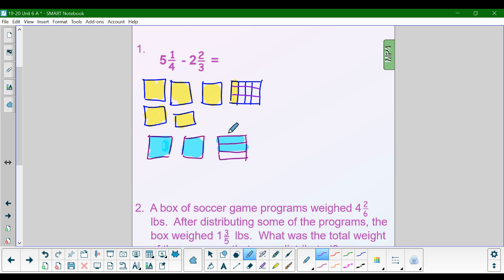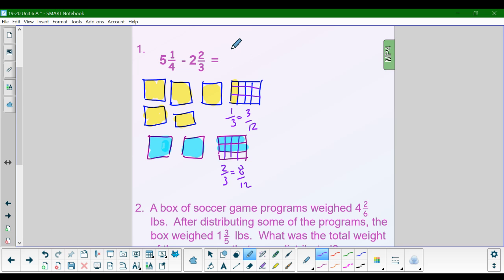And then my fourths here will have to become twelfths here. So when we look, we went from 1/4 to 3/12. And down here, we went from 2/3 to 8/12.